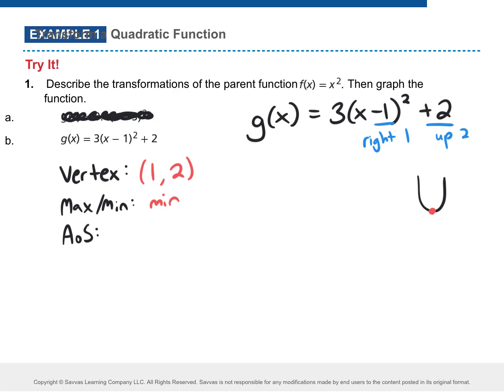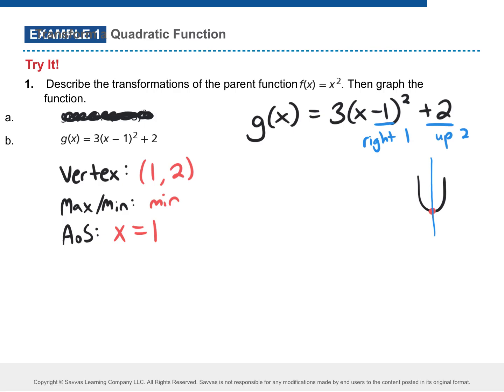They align. Like when you fold it, it's the same. So remember we talked about this line. What value do we want from the vertex for that axis of symmetry? We want the x value, right? So it's x equals, well, what's the x value? 1. Yep. We get x equals 1. Can I just put 1? No, I have to know exactly where that line would be on the graph.